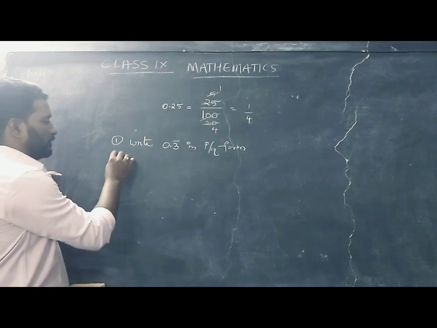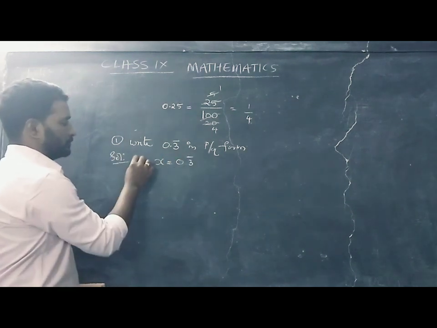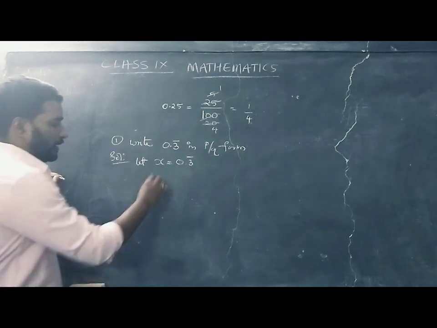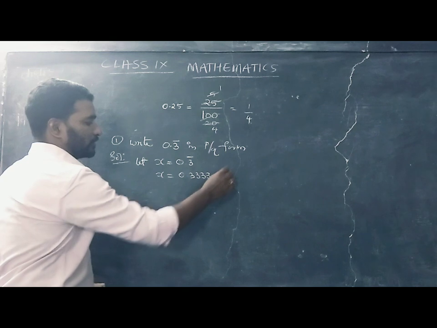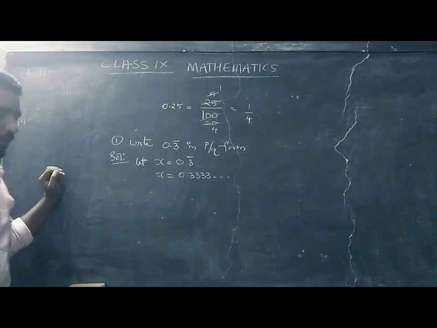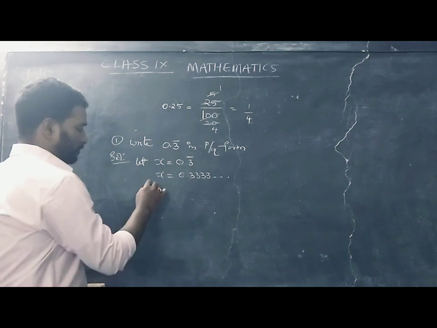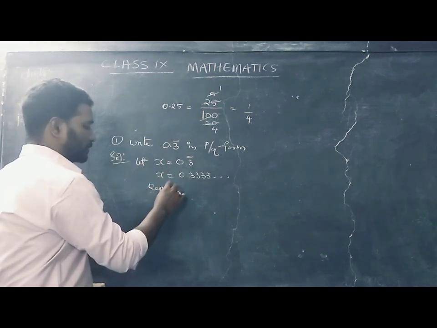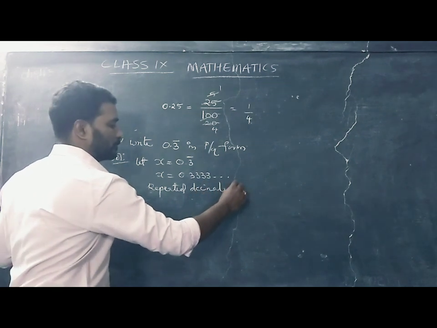Suppose the solution of it: let x equal 0.3 bar. Bar is nothing but the repeated value 3. So now, how many decimal places are repeated? Only 1.